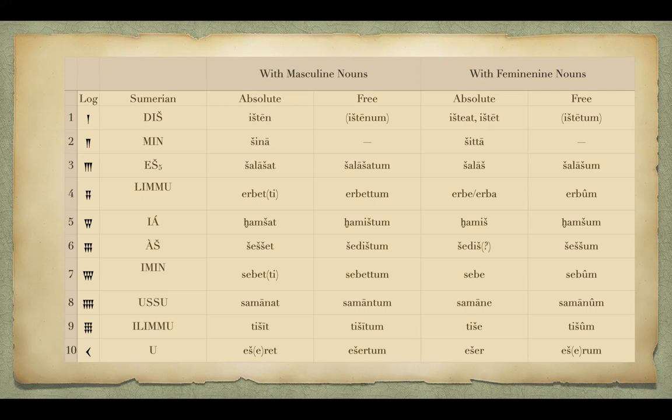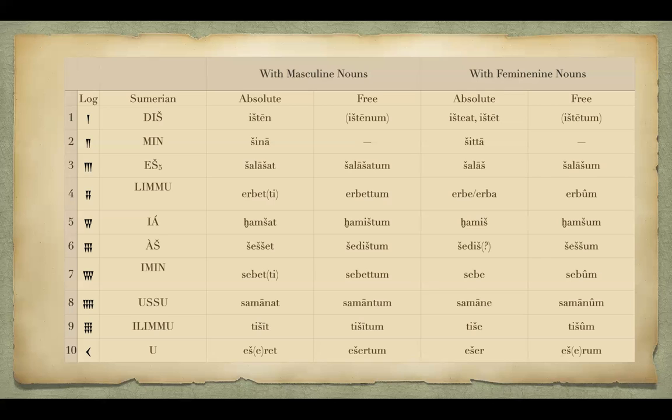So you have this unique number here in Akkadian for number one. The rest of them, if you were to recognize them, you would probably be able to draw on your knowledge of Hebrew in order to translate the Akkadian.